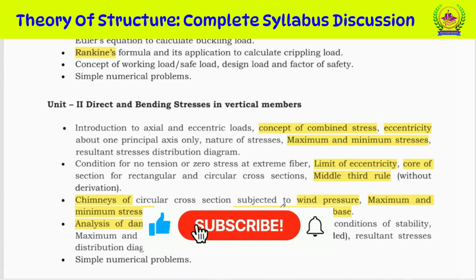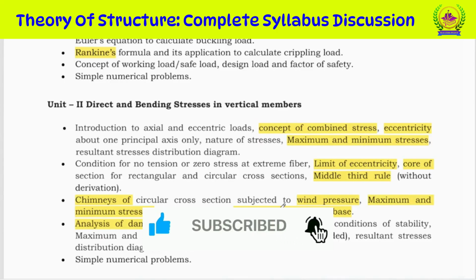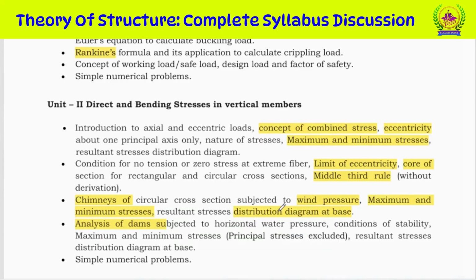But if the load is uniaxial, then the compression member will experience compression as well as bending. So in this chapter we will calculate the combined bending stress and direct stress, and also a few technical terms. What is eccentricity, what is the value of eccentricity, what is core or kernel, and so on.